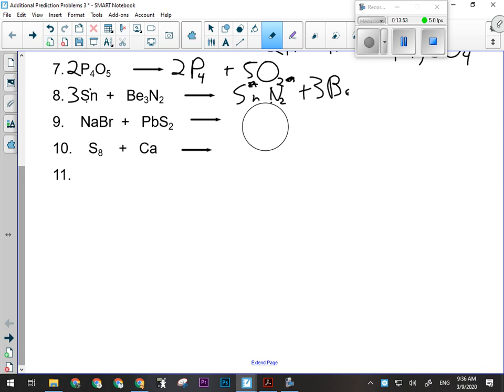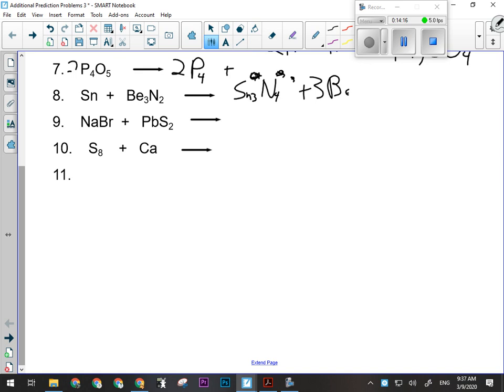Let's try that again. That will change several things. All right, so we got tin, which is, sorry, a 4+, okay? And it's now with nitrogen, which is a -3. So we'll have 3 tin and 4 nitrogen. Okay, like so.